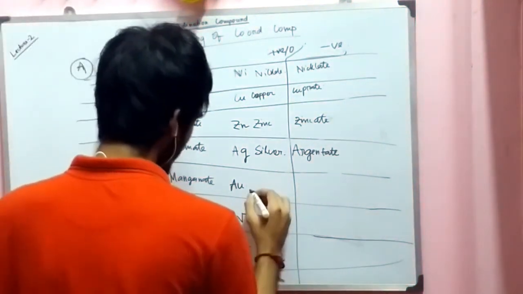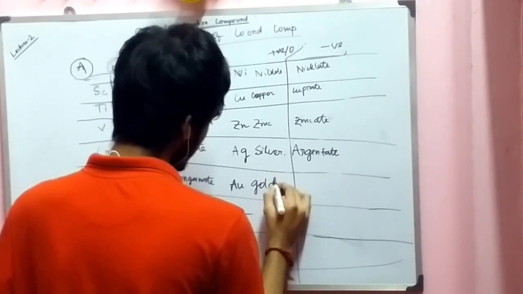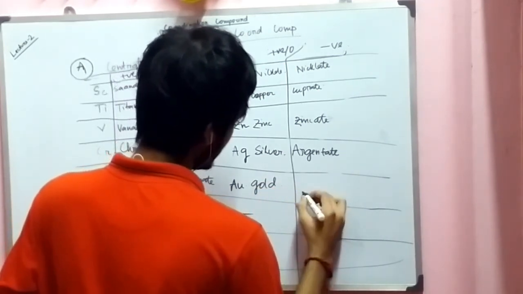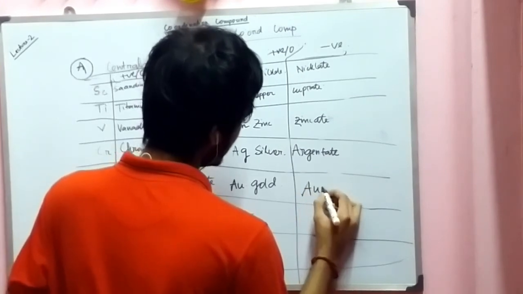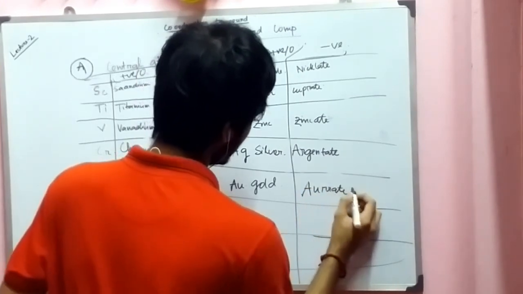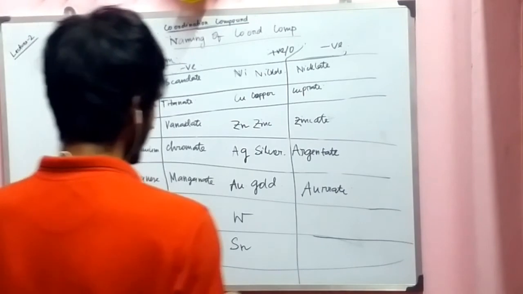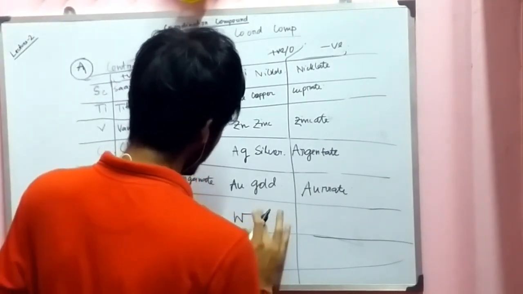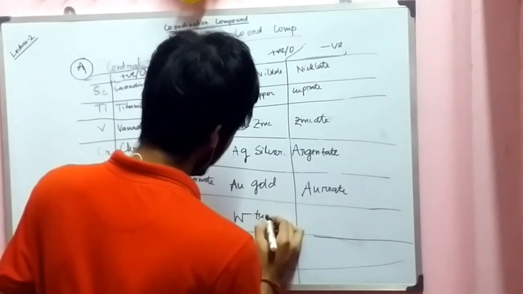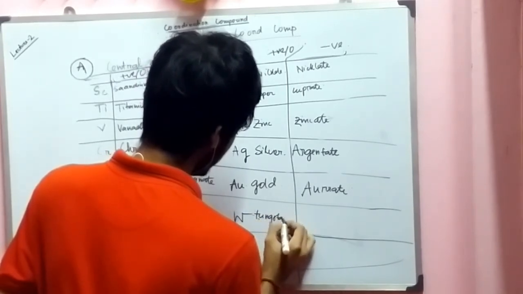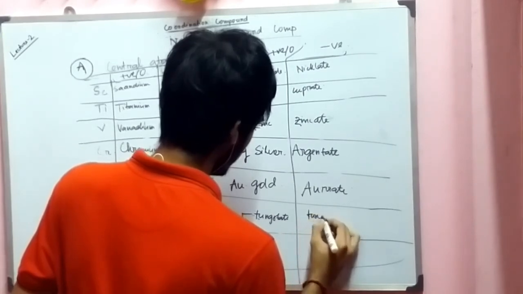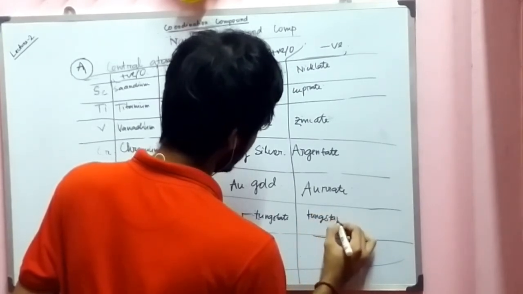And if it is gold, negatively charged, it is aurate. And it is tungsten, tungstenate.